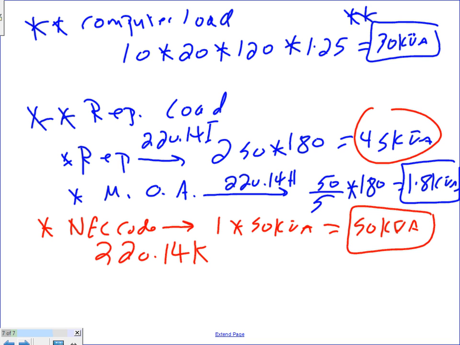So you don't add the multi-outlets to the higher of the other two and then derate? Banks and offices shall be calculated to be the largest of 1 or 2, as calculated by this or by 1 volt-amp per square foot.